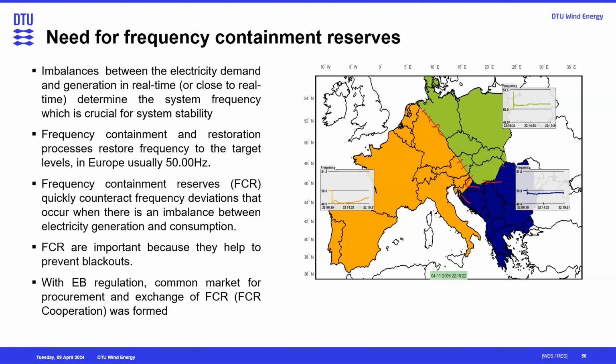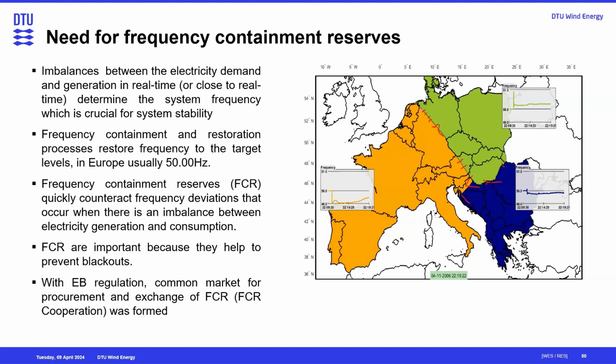As a result, a cascading effect happened, and within 2-3 minutes, the whole of continental Europe was divided into 3 different regions, each region holding on its own.